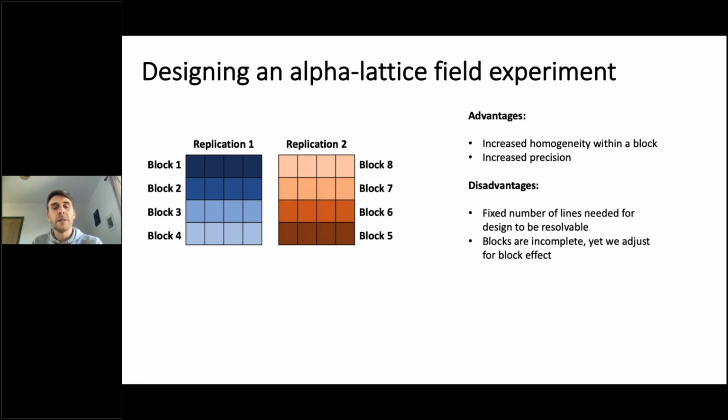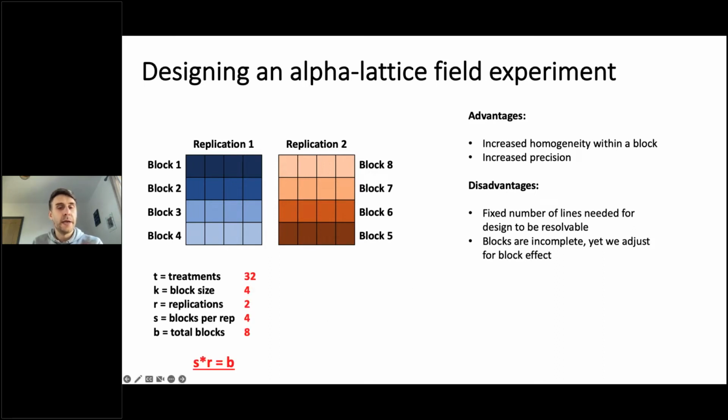That can be a problem because our blocks are incomplete, particularly if you're using this design with a small number of treatments or genotypes. Because of that, it could be feasible that your block could be saturated with predominantly low yielding genotypes, for example. In that instance, that low yield might be erroneously accounted as a block effect when it's actually a treatment or genotype effect.